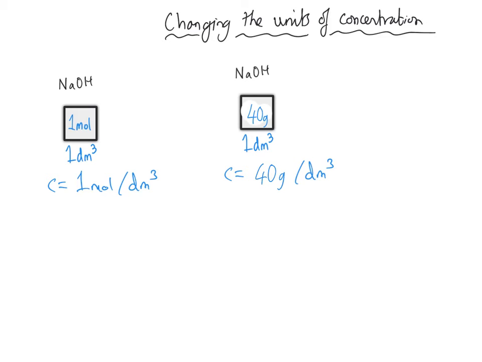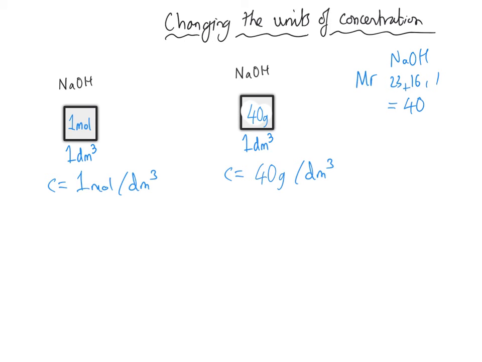Now what I know, and the reason that I made these numbers up, is that the MR of sodium hydroxide is 23 for the sodium, 16 for the oxygen and 1 for the hydrogen. So we add all of those three numbers together and we get 40 grams per mole. And so the reason I chose these numbers is that I knew that these two concentrations were equivalent.